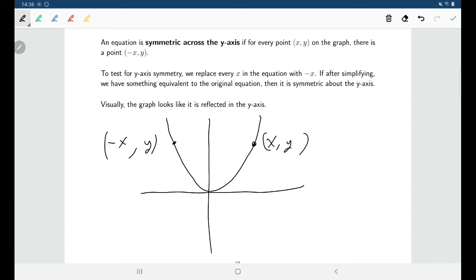In other words, if you have an xy point on the graph, you should have a negative x, y point as well, which means that if you replace every x in the equation with a negative x, you should have something equivalent to that original equation.